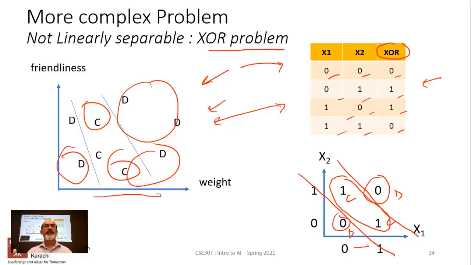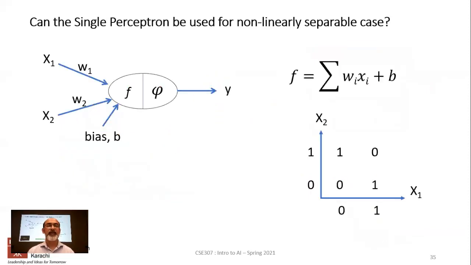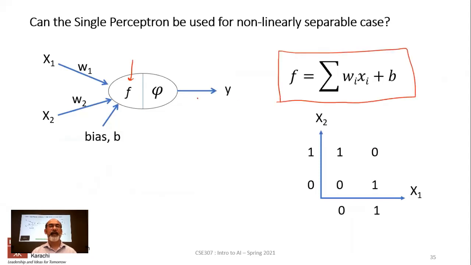So what we'll try to do is see if we can solve the XOR problem using, well, we could try using the single perceptron. Okay, and if we can't do it with a single perceptron, then we can try something more complex. Okay, so the first question is, do you think we can solve it using the single perceptron? So remember, F is a linear equation, okay, and phi is a non-linear. So we can change phi as well.